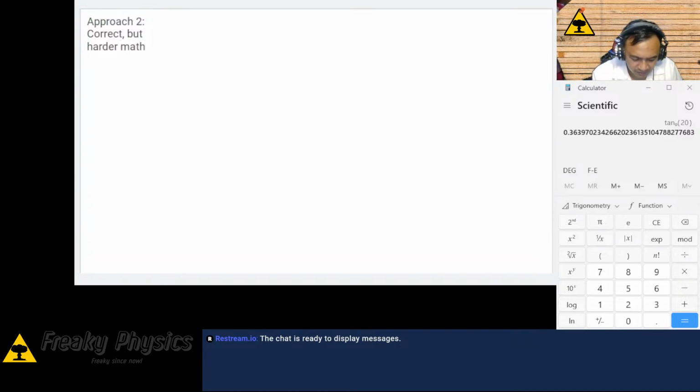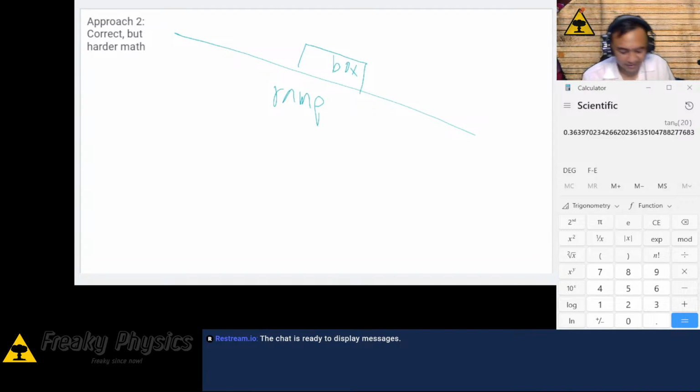The key idea here is that if your object's on a ramp, there are only two objects here. We have the ramp and we have, let's say, the box. Because there are only two objects, there must be an action reaction pair.